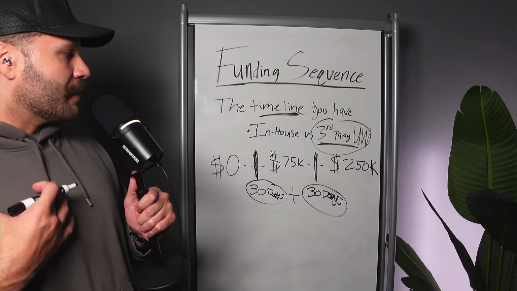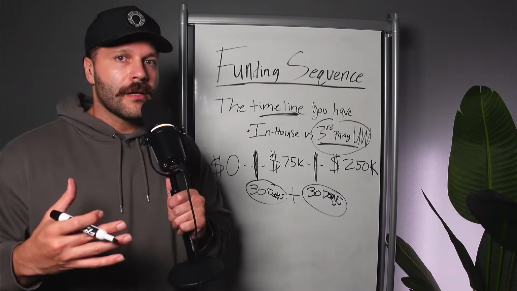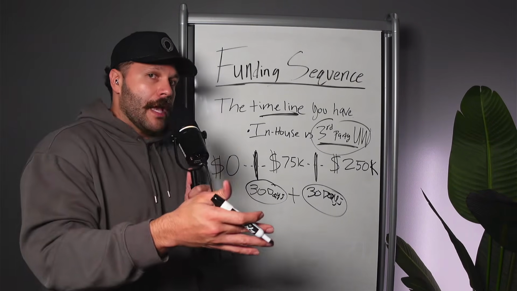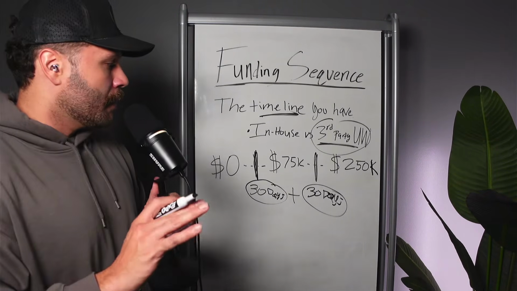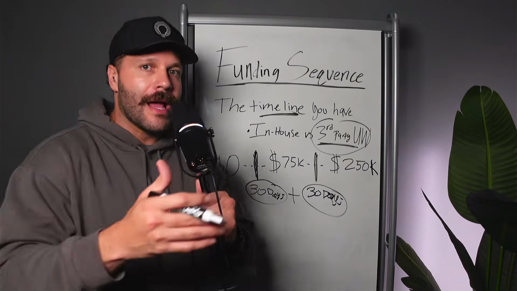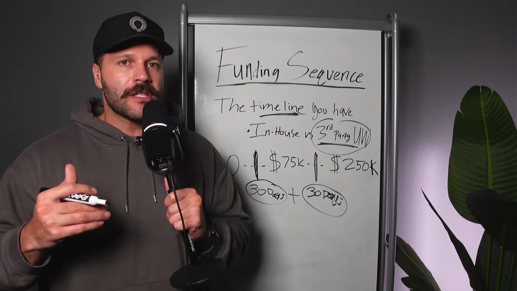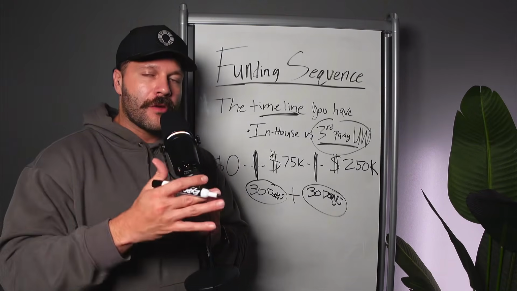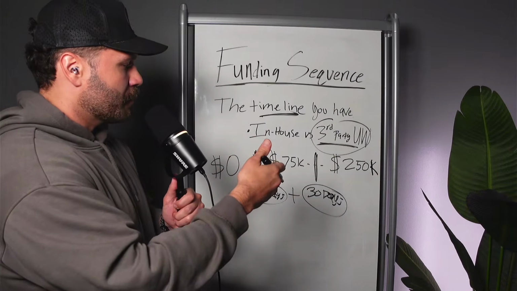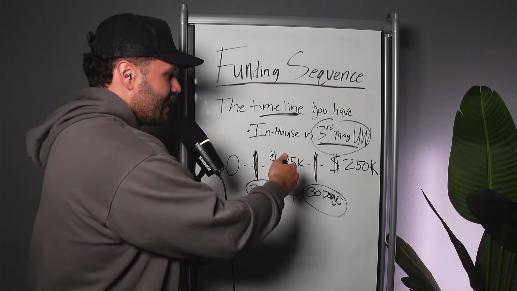I would venture to say that that's a little too quick. You probably want to space it out a little bit, just based on what we're seeing and where the economy is as a whole. So you're probably closer to about 90 days, give or take, just to be safe, because you do want to have that cool down period, especially if you're not in a crazy rush and you're deploying the capital. You're going to have that cool down period anyway. So you're probably sitting closer to about 75, maybe 90 days.